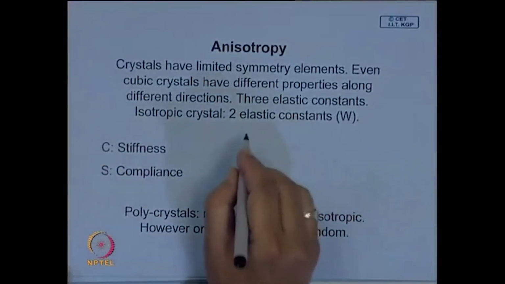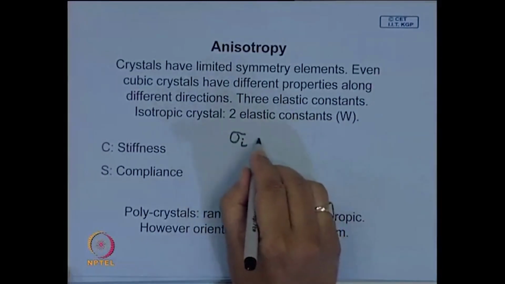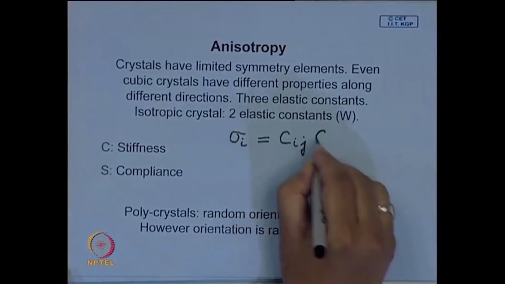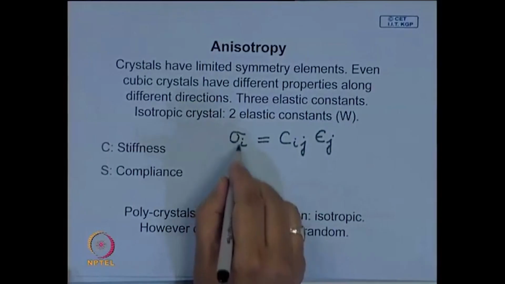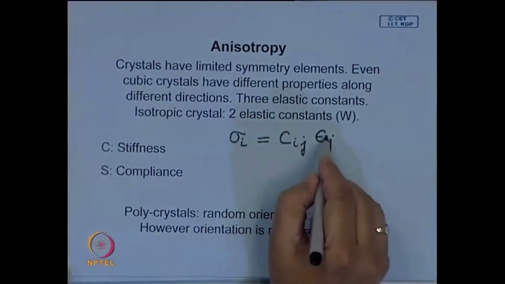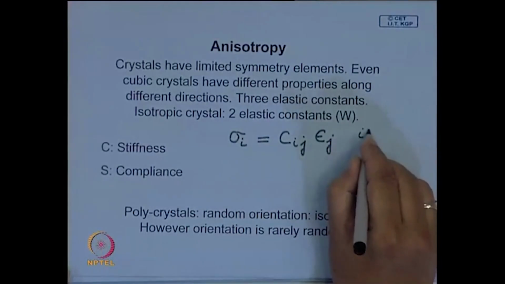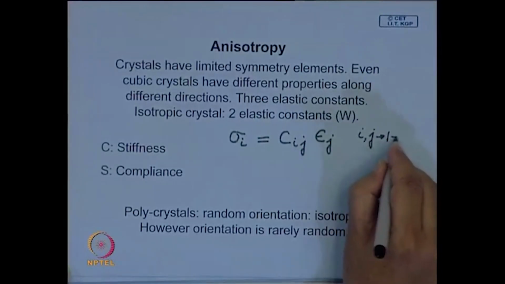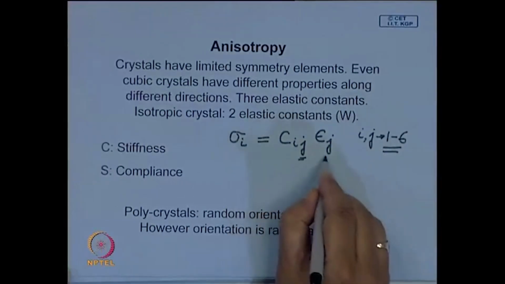If we want to find the stress along a particular direction, sigma i equals C i j epsilon j, where sigma 1, 2, 3, 4 up to 6 define the stress state, and epsilon 1, epsilon 2 up to 6 are the strains. The indices i and j vary from 1 to 6. This is the range, and a repeated suffix means summation.